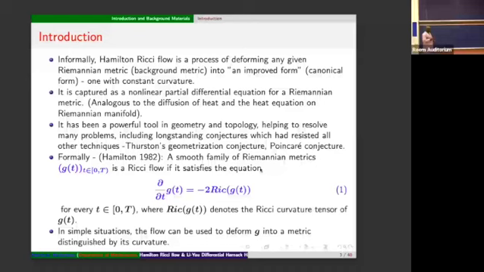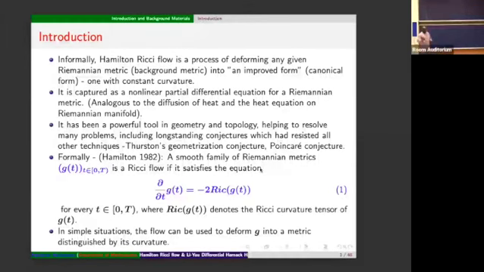This equation is captured as a nonlinear partial differential equation for the Riemannian metric, and it behaves in some sense like a diffusion, or what we call the heat equation on the Riemannian manifold. This Ricci flow has been a powerful tool in geometry, in topology, even in mathematical physics.